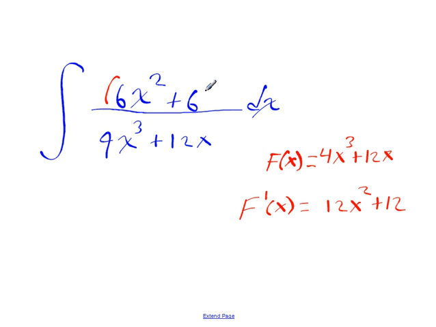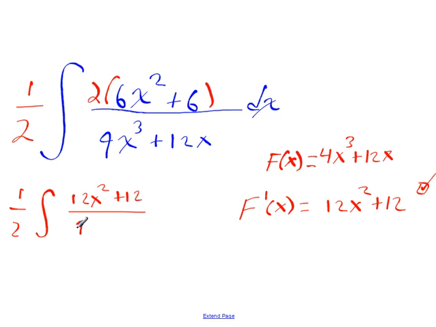But what I could do is if I multiplied my numerator by 2, then we'd get 12x squared plus 12, which is what I have here. But if I'm going to multiply it by 2, I have to multiply by 1/2 on the outside. So therefore, I get 1/2 the integral of 12x squared plus 12 all over 4x cubed plus 12x dx.